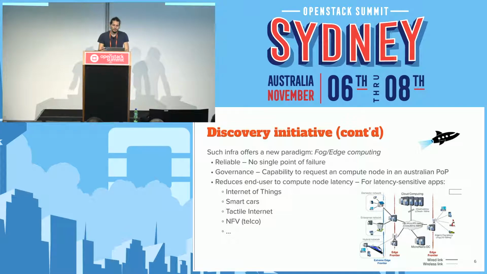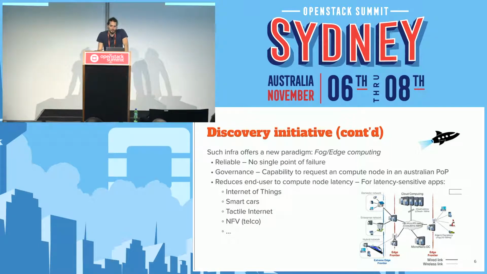And the main reasons why we care about it remain in the 3 points depicted in this slide. So first, such infrastructure is reliable. So there is no single point of failure. Indeed, if there is a micro data center that fails, you can still operate the system from any other micro data center.